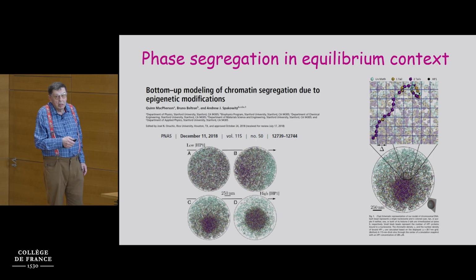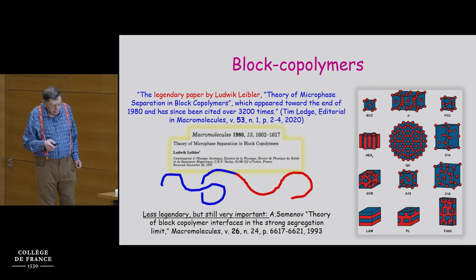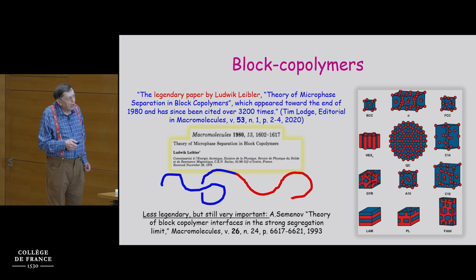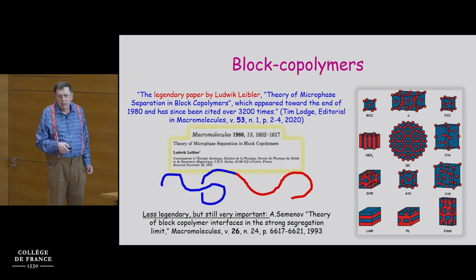Indeed. Quick question. Those different structures, they're supposed to arise if you have blocks of regular sizes? Yeah, well, to tell the truth, I do not know exactly what the conditions of formation of some of these exotic structures are.